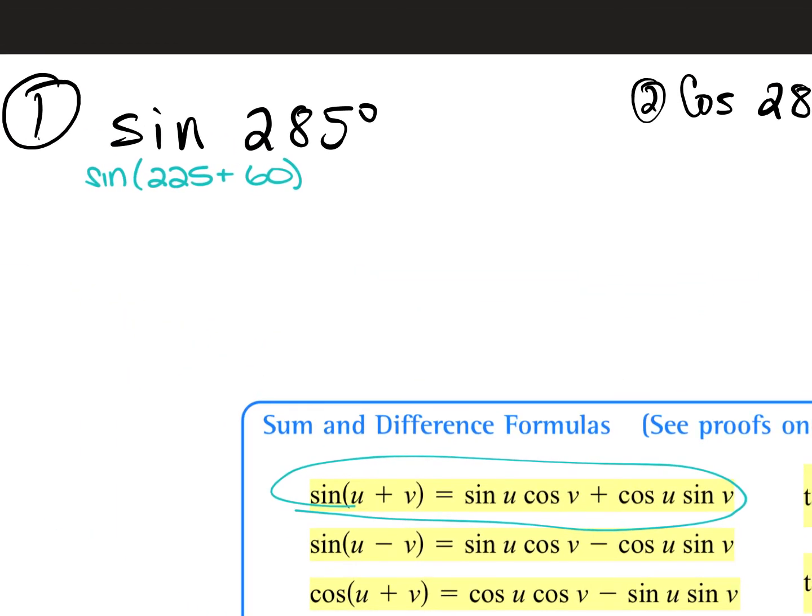So if we're using addition with sine, that means we're going to have the sine of 225 times the cosine of 60 plus the cosine of 225 times the sine of 60. Look at the ordered pairs that go with the 225 and the 60. For 225, what is your y value?